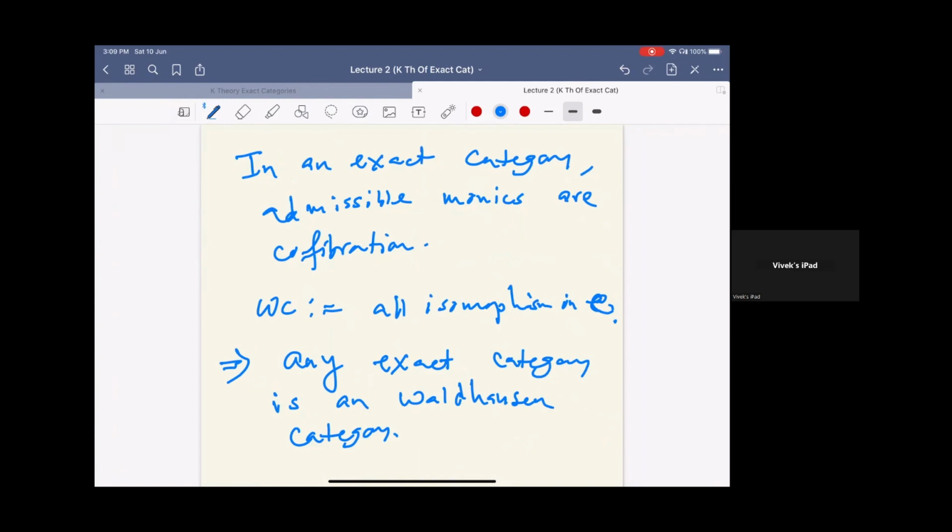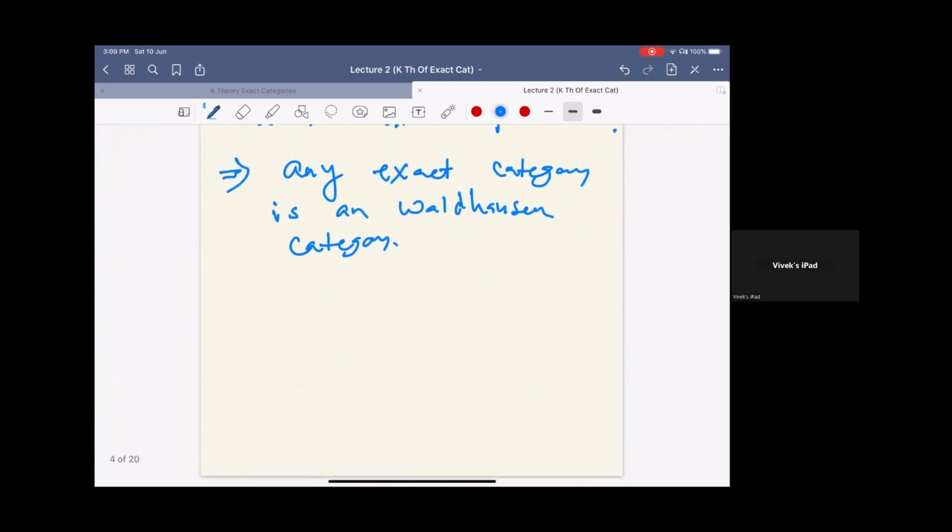Okay. Now basically there are many constructions of higher K-groups. Initially, first came Quillen's Q-construction, but the Q-construction only keeps a category of higher K-groups of rings.